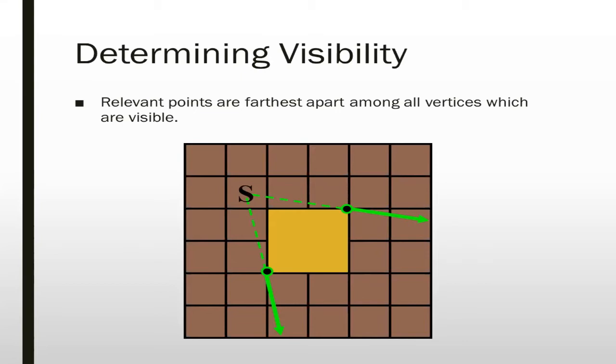In this case, the source can see every point except the bottom right one, and so the 2 furthest visible points are at the top right and bottom left corners of the rectangle. We then cast a ray from each of these points away from the field of vision source. The area that is between the rays and the rectangle contains our non-visible space.